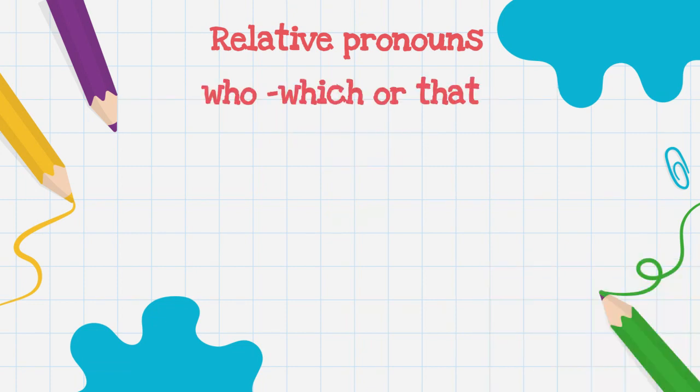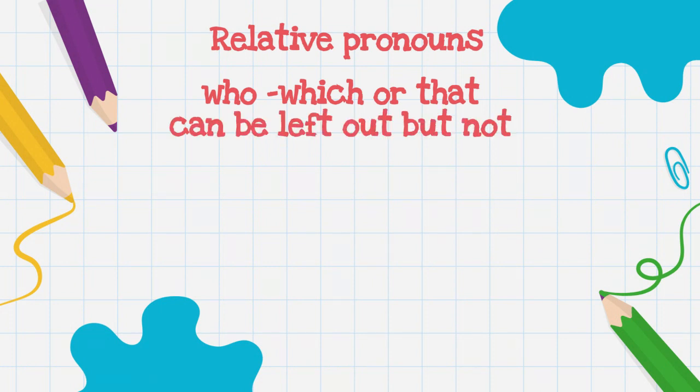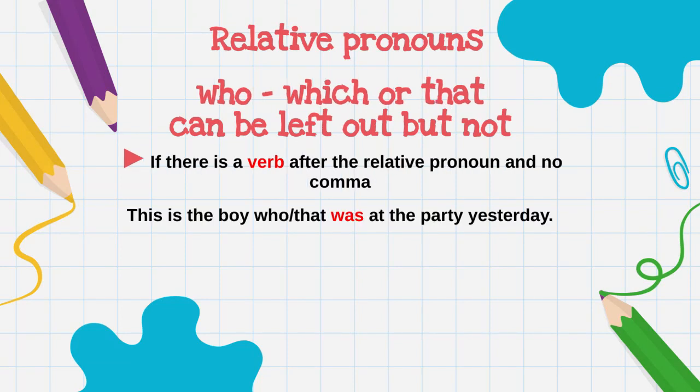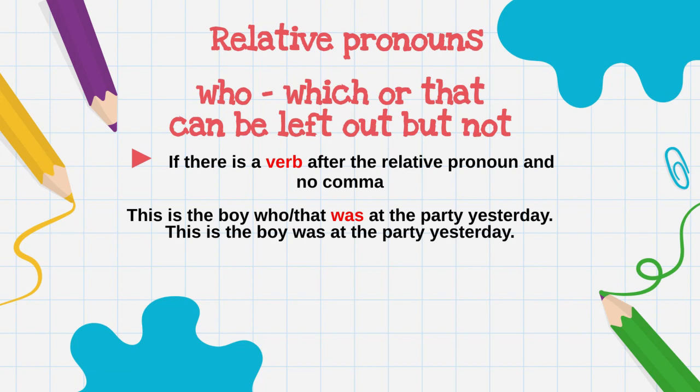Next. Who, which, or that can be left out, but not if there is a verb after the relative pronoun and no comma. So, verb, no comma. Example, here we go. This is the boy who or that was at the party yesterday. Was is a verb, so I cannot say this is the boy was at the party yesterday.